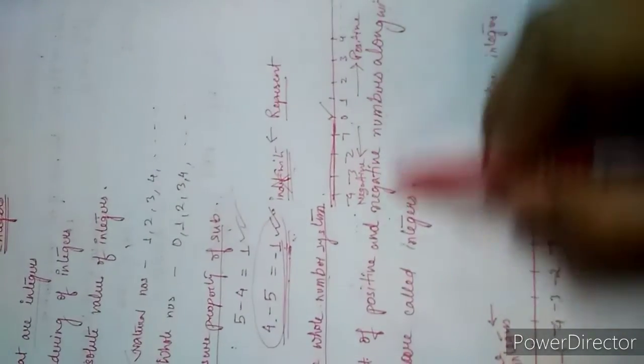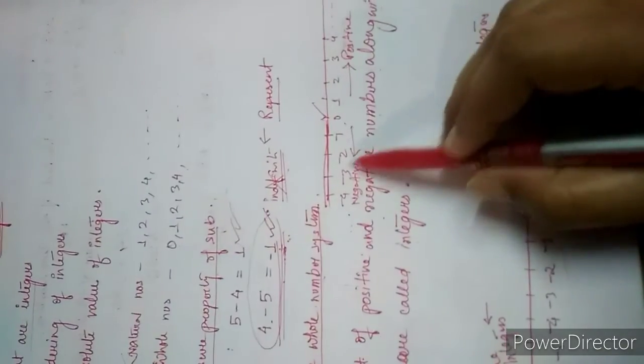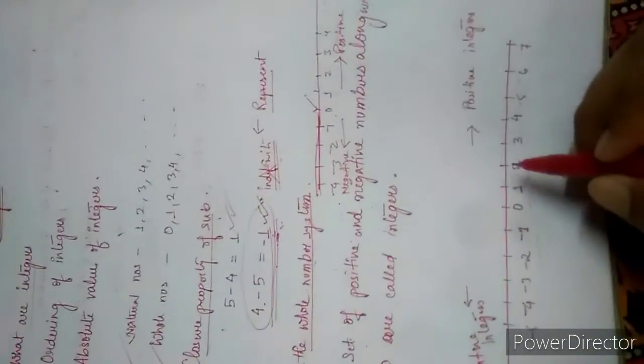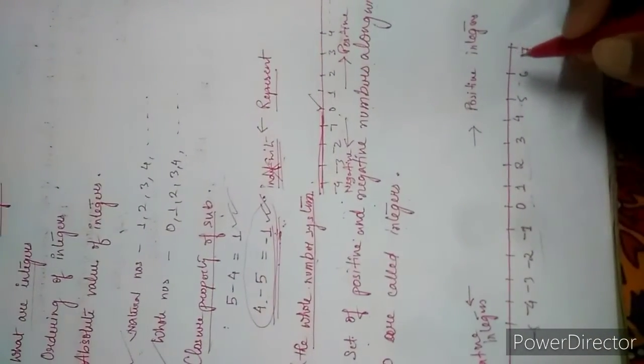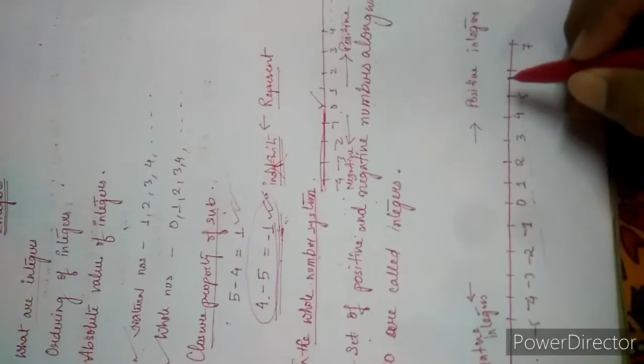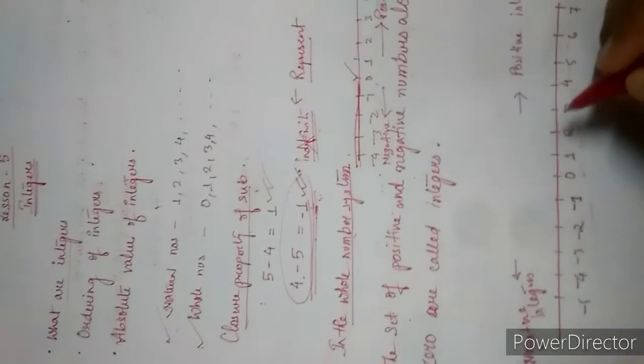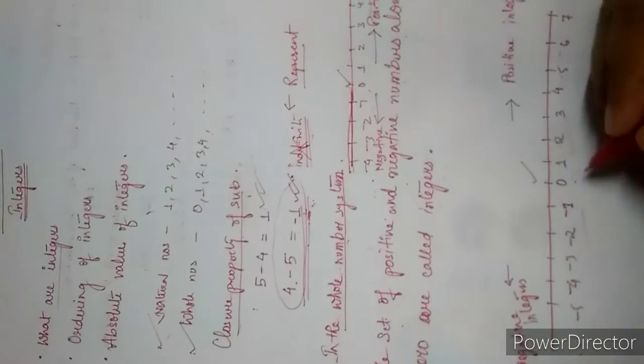So the positive and the negative numbers along with 0 are called integers. See, I have drawn a number line. On the right side of your number line will be the positive integers, and the left side will be the negative integers, and in between there will be 0.